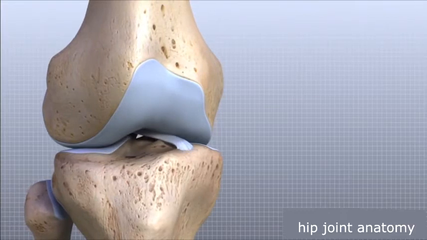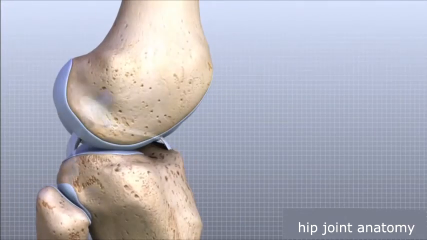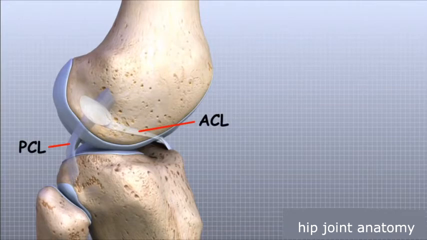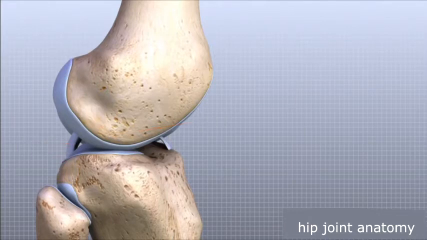The ACL prevents the tibia from sliding too far forward. The PCL prevents the tibia from sliding too far backwards. All these four ligaments play a crucial role in the stability of the knee joint.